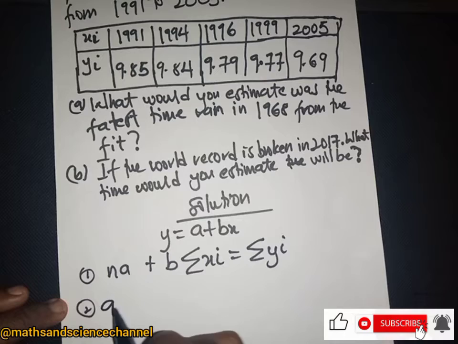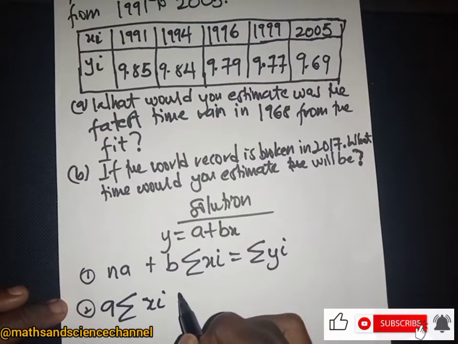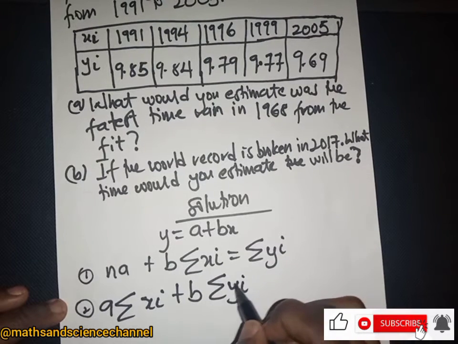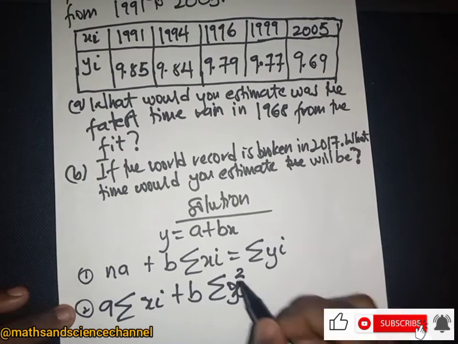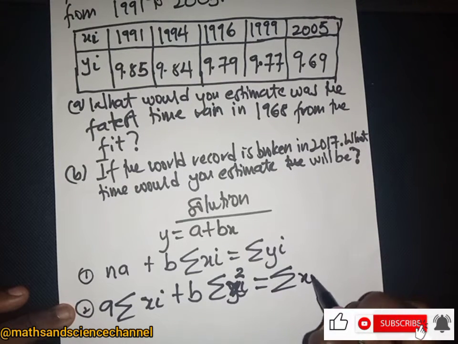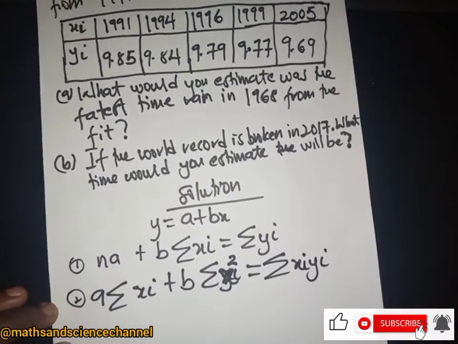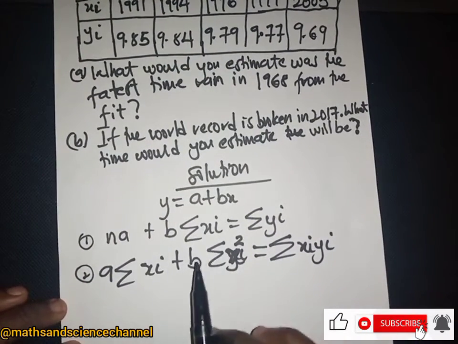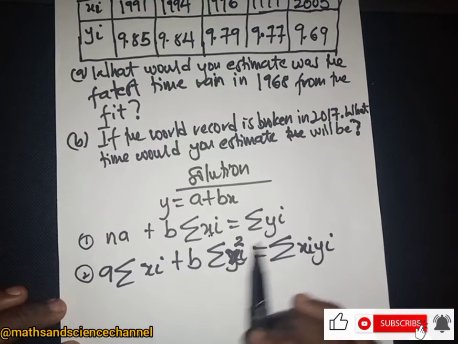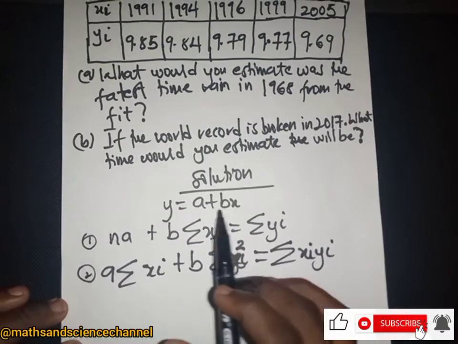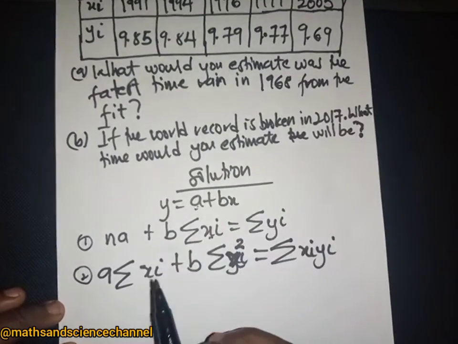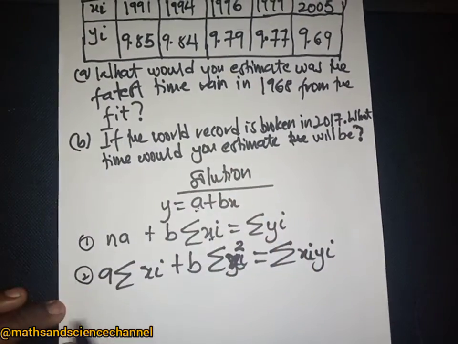And the second one is a times the summation of all the x values, plus b times the summation of all the x values squared, being equal to the summation of all the x and y values. So there are two equations. When we get the various values for the x, the y, and all that, we put them together to find a and b, then we substitute into this equation. From here we can calculate the values of a and b from the question.